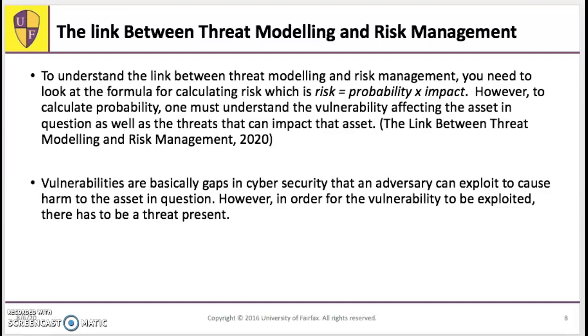Understanding the probability and taking into account the impact will determine how much risk you're willing to take. And with that, moving into understanding the vulnerability, it is basically that gap that you're trying to determine how to mitigate. Understanding those two together is building your threat model and understanding that overall process.